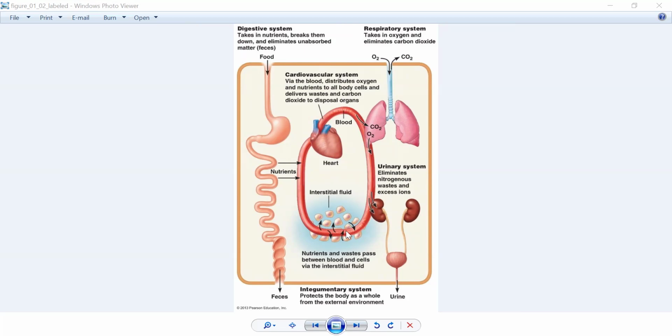In this case, let's say carbon dioxide needs to go to your respiratory system so that you can exhale it out. There are other waste products that you'll break down through chemical reactions, like nitrogenous waste that you're going to excrete out of the body through the urinary system. But anyway, this picture is showing you that all the systems work together to maintain life.